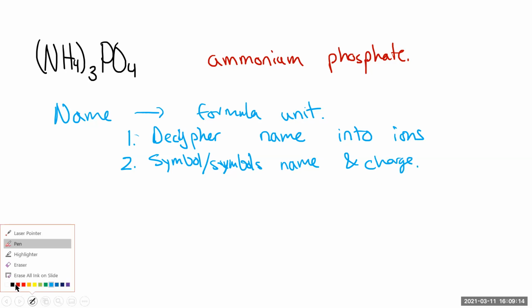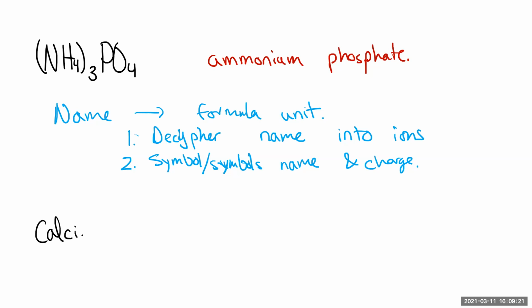Okay. Because if you see something like, say you saw the name calcium phosphate, you would need to know that calcium, using your periodic table, is an element that produces a 2+ cation, and phosphate is an ion that has 1 phosphorus, 4 oxygens, and a 3- charge.